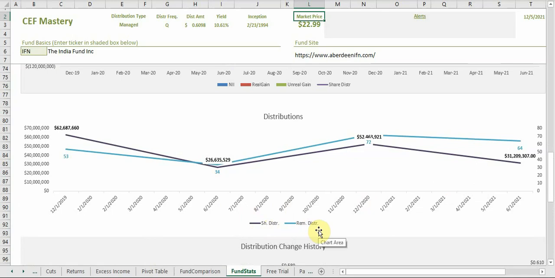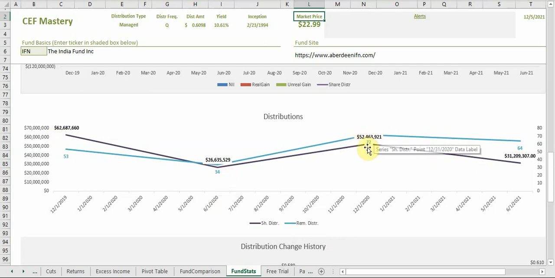It will have to be in a future video, but basically, funds report every 6 and 12 months. But when they report their 6-month period, they're only reporting 6 months. When they report their 12-month period, they're not reporting the most recent 6 months. They're reporting the last 12 months. So you're going to see fluctuations in the shareholder distribution where this would be an annual, and then the semi-annual, which is almost half.